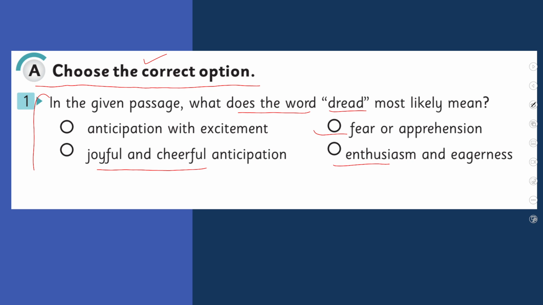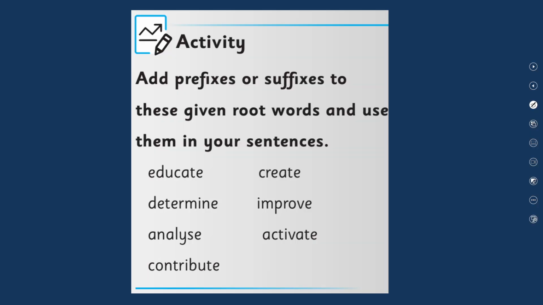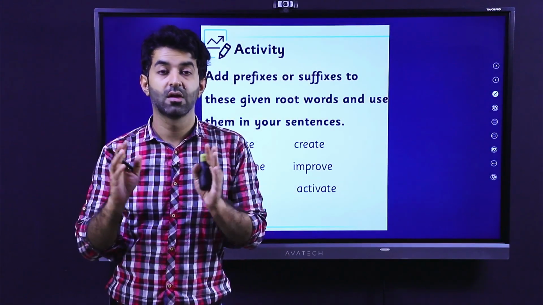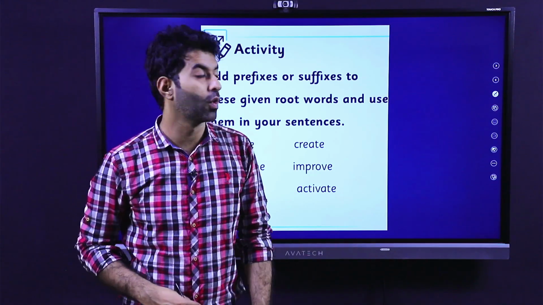You have to read the passage given, and then choose the right option. These are all the MCQs related to the passage that you can find in the book. Read it thoroughly and then choose the right option for the right meaning of the word.